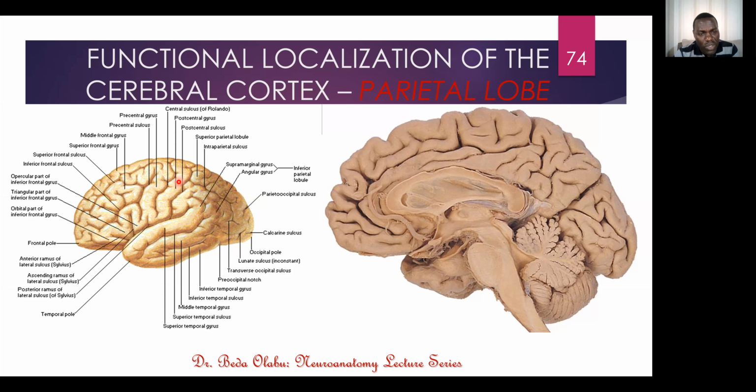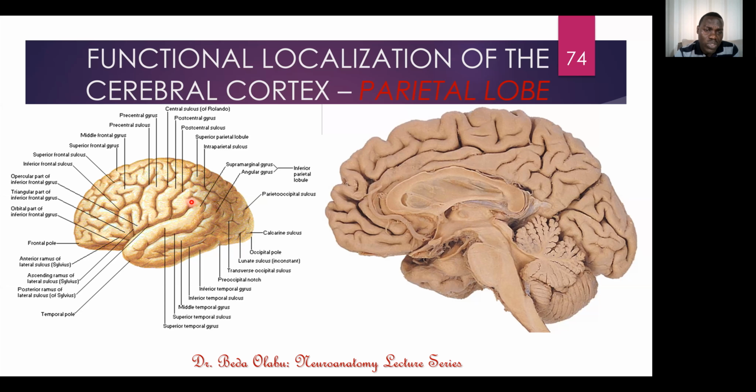So we mentioned post-central gyrus, superior parietal lobule, inferior parietal lobule. Look at the inferior parietal lobule. It seems to have two other gyri within it.